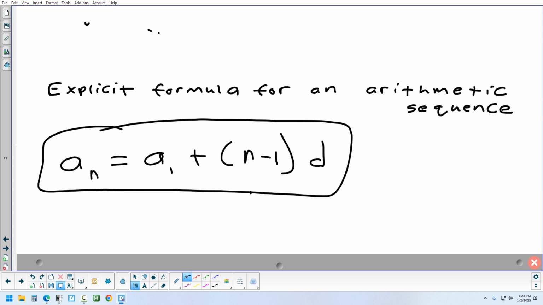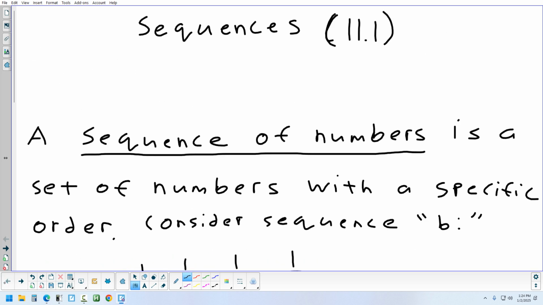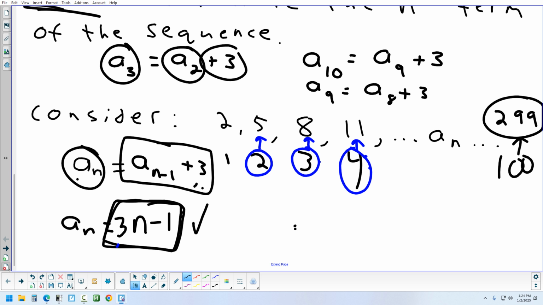So let's go back and try that on the very first problem we did. Here's this pattern, 2, 5, 8, 11. And let's say you don't know how to get this. How did somebody figure out this times 3 and minus 1? Well, this is how you can figure it out.